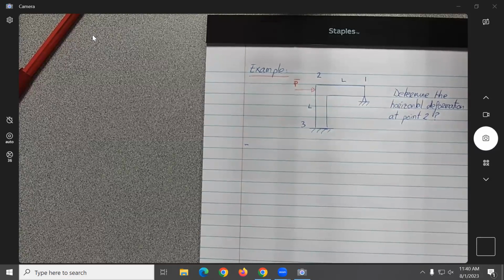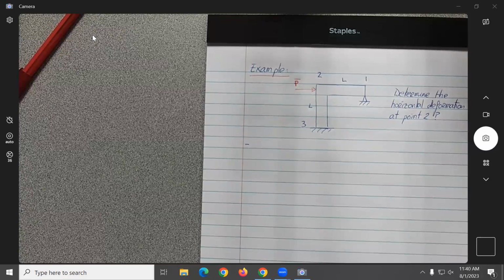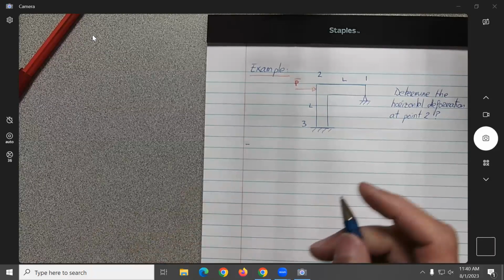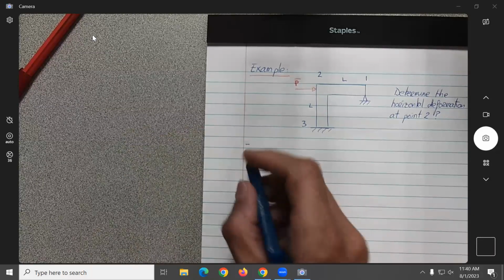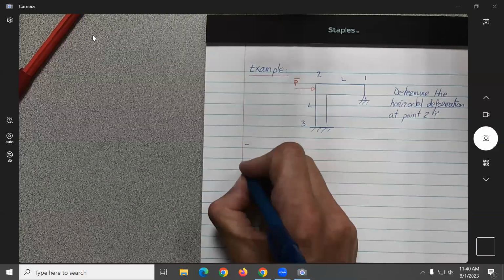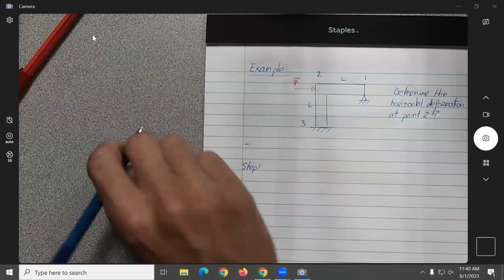Determinate or indeterminate, you said? Okay, so what is the definition? It is statically determinate if you can find the reactions just from the equilibrium equations. So step one is always to do what?